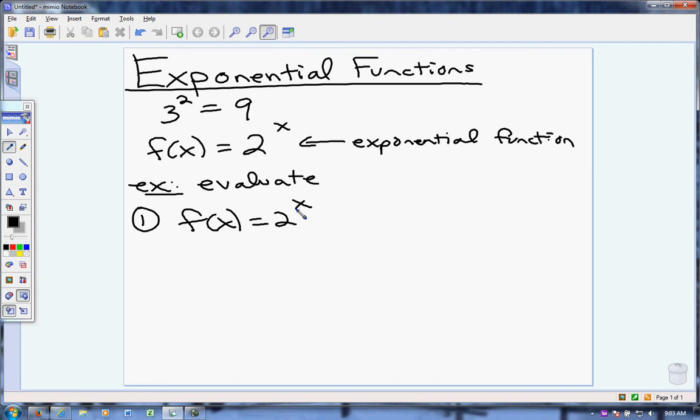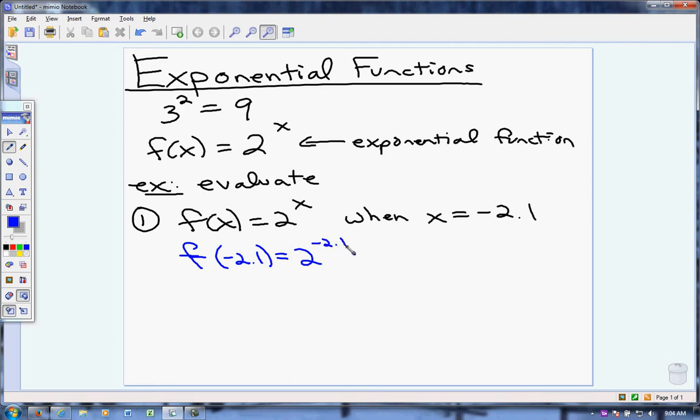And then they're going to say evaluate this function when x equals negative 2.1, let's say. It's just like any other function. If I'm going to find f of negative 2.1, then I'm going to plug negative 2.1 in for x.